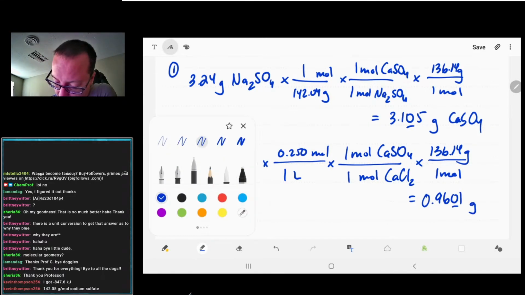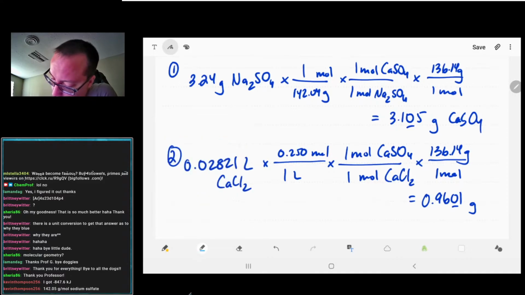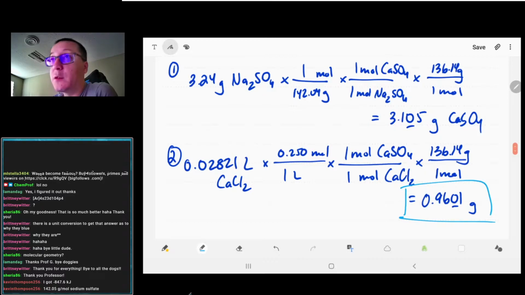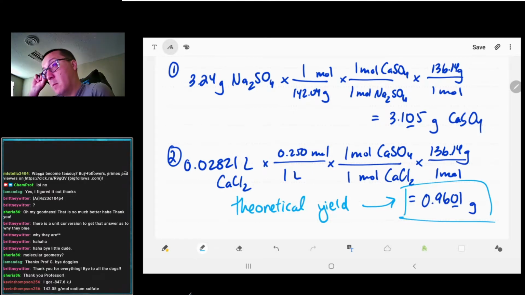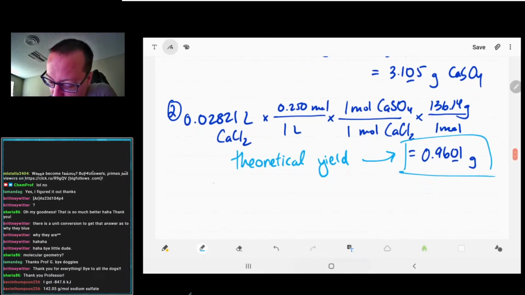So looking at these numbers, this is our smaller one, right? That's the one that we're going to choose as our theoretical yield. And remember, the theoretical yield comes from the limiting reactant.